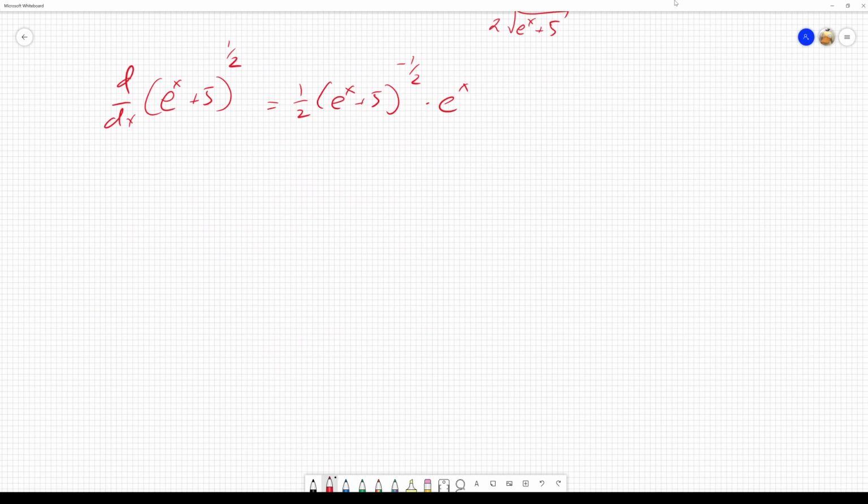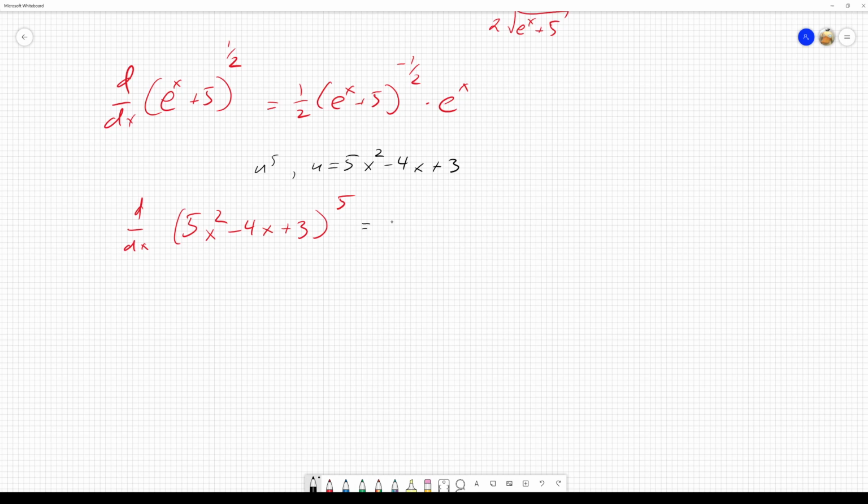Alright, so let's try this. Suppose I've got the derivative with respect to x of 5x squared minus 4x plus 3 to the 5th. Well, the outer function is this u to the 5th thing, where u is 5x squared minus 4x plus 3.